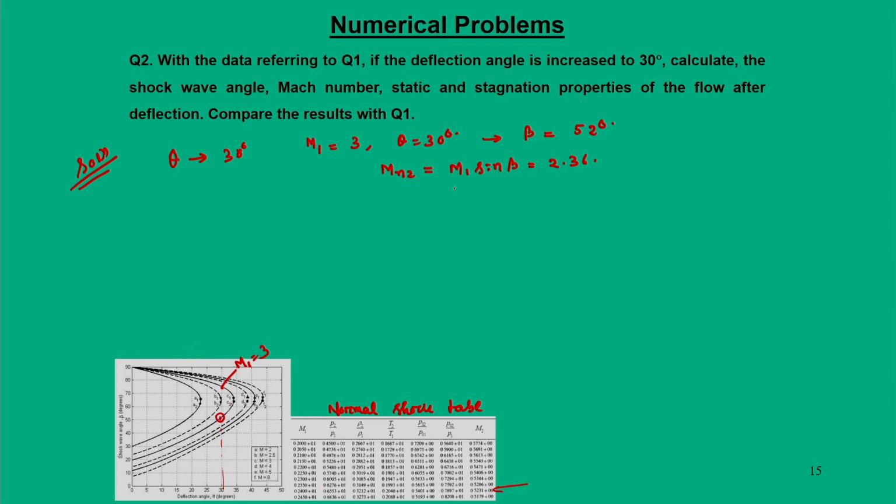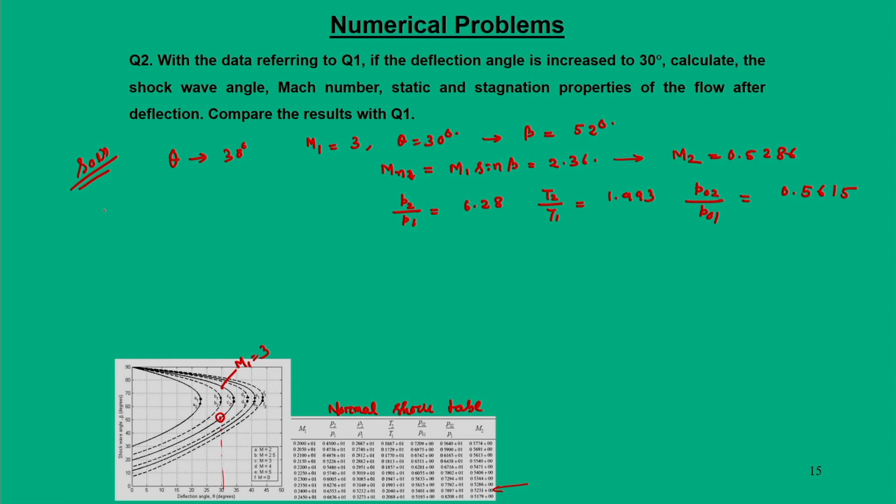So, you can note down these approximate values: P2 by P1 is 6.28, T2 by T1 is 1.993, and P02 by P01 will be 0.5615, and for this Mn1 we will have Mn2 = 0.5286. Okay. So, this we get from the normal shock table.